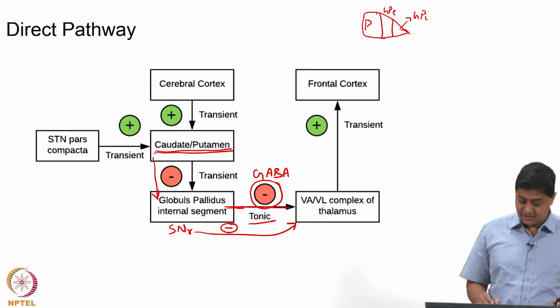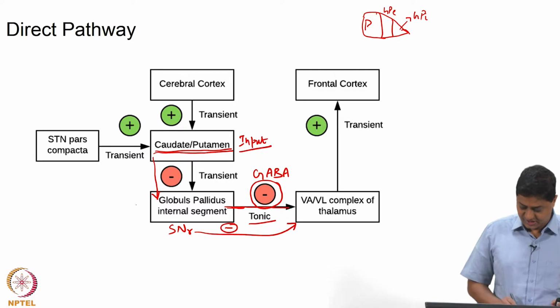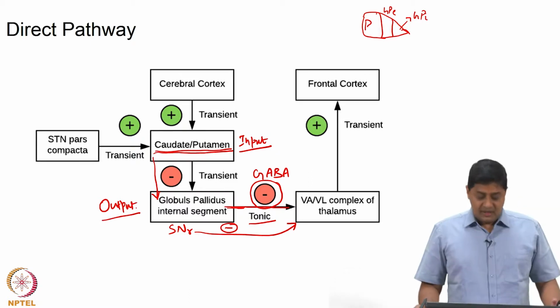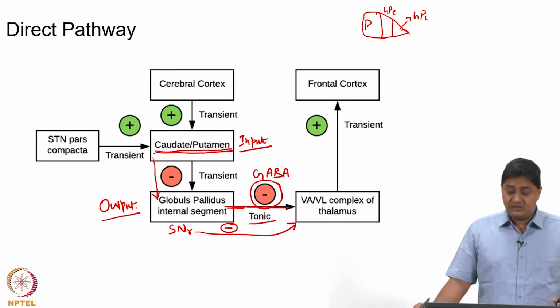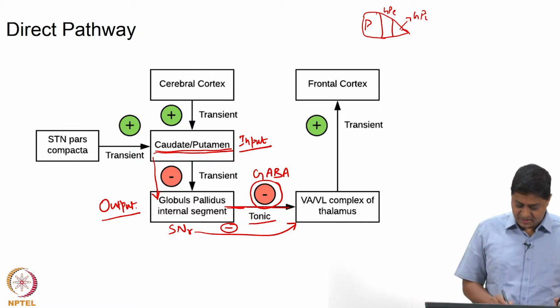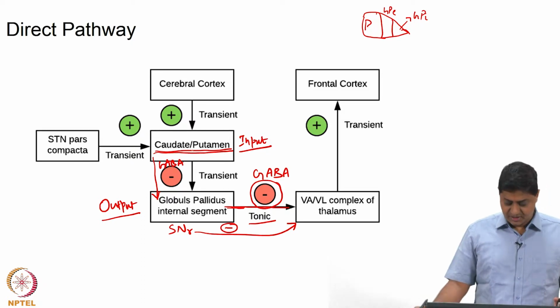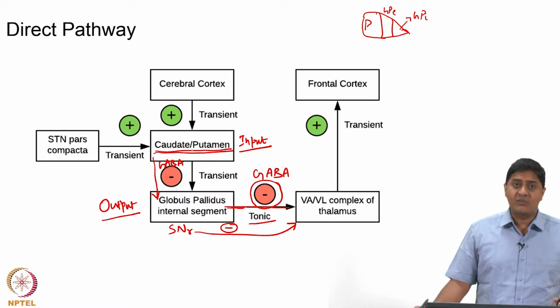This is the major input structure and this is the major output structure, and the connection from the input to the output structure is GABAergic, mediated by the output of the medium spiny neurons, and uses GABA as the neurotransmitter.